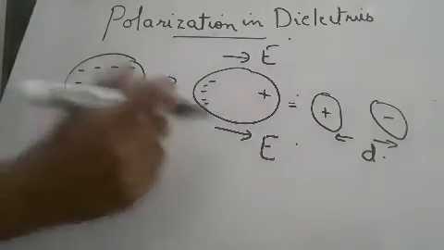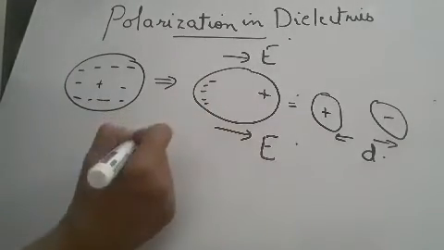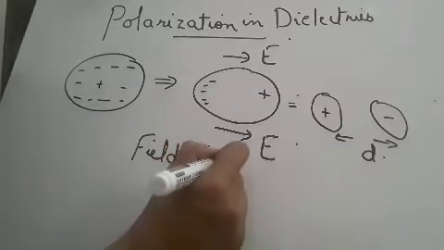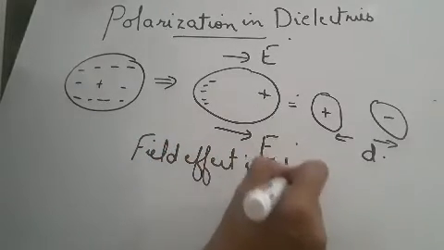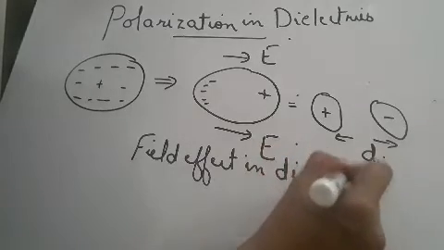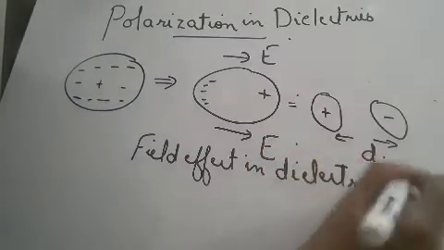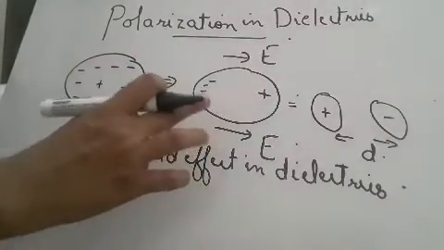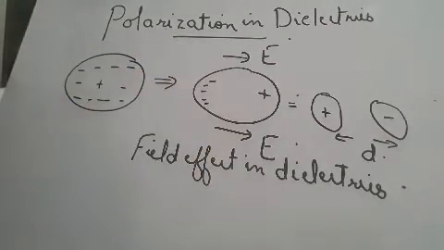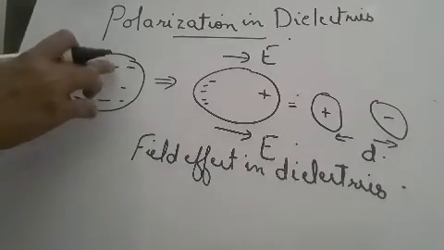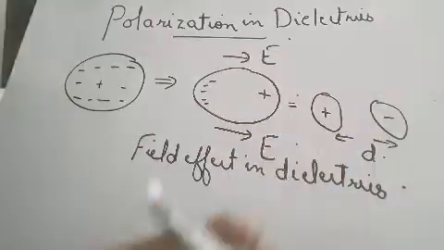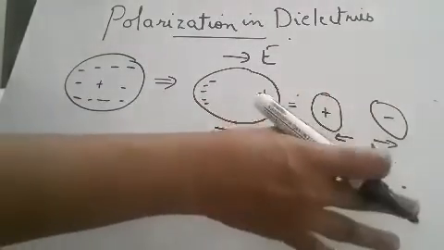So this is represented as the field effect in dielectrics. When an electric field E is applied, the positive charge is displaced in the direction of E and the negative charge is displaced in the opposite direction. A dipole results and the dielectric is said to be polarized.